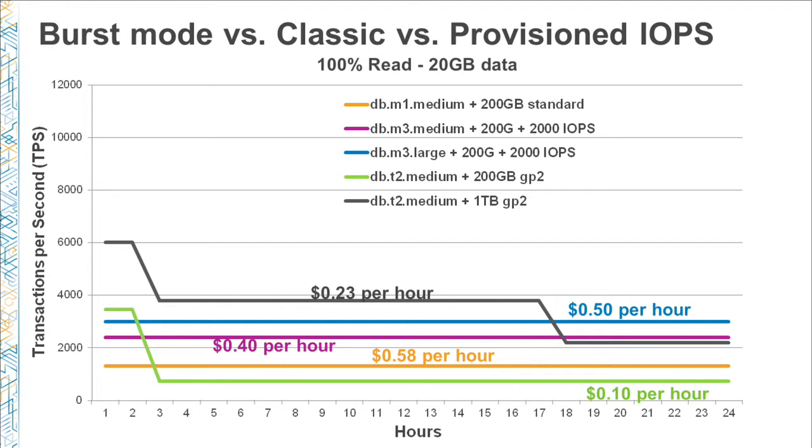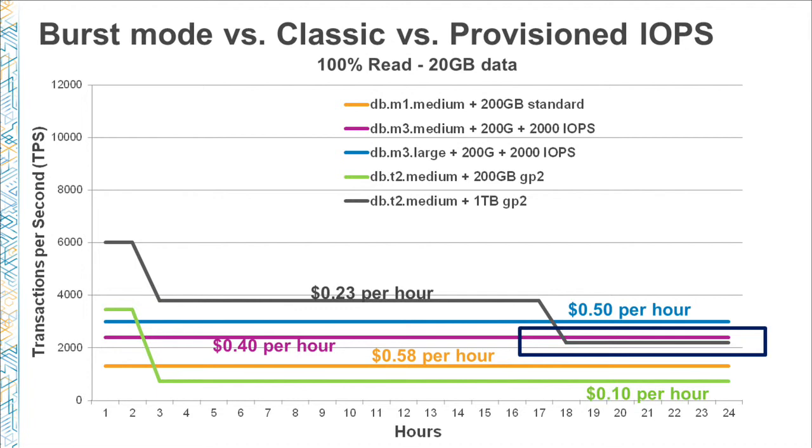Now, we still run out of GP2 credits, but because we bought more storage, our base is still a lot higher, and we stood at 4,000 TPS for a long time, almost 18 hours before we finally hit the cap on the instance where the T2 is actually now being throttled, and we slow down to about the same speed as the M3 medium. But look at that. So at the very end, it's still basically half the cost, almost half the cost, of the M3 medium, and it performed much better for most of the day, right?